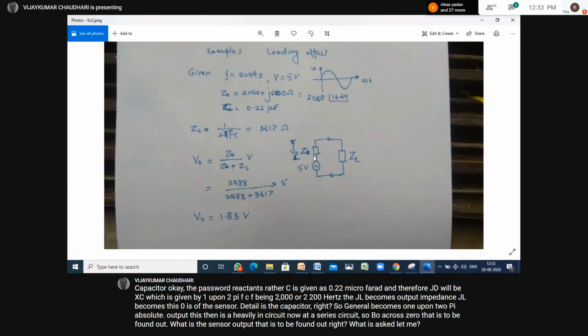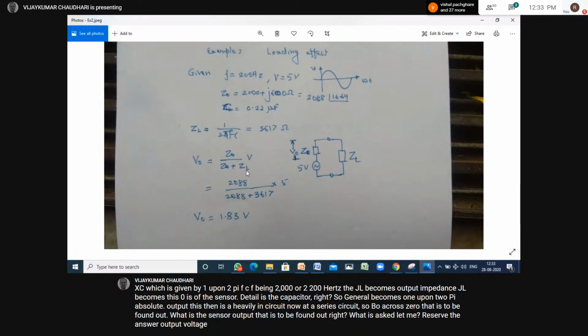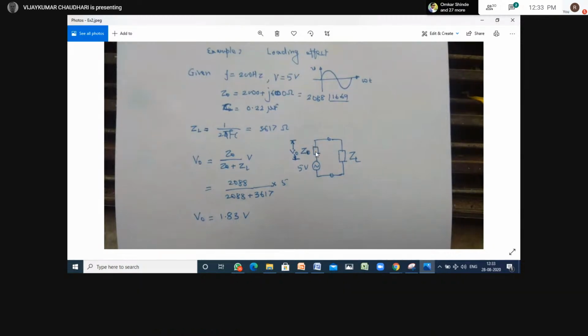So the drop across the sensor is ZO upon ZO plus ZL. ZO we have calculated to be 2088 and ZL we have calculated 3617. So VO, that is the drop across the sensor, is 2088 divided by 2088 plus 3617 into V, which is 5 volt, and this drop comes out to be 1.83 volts.